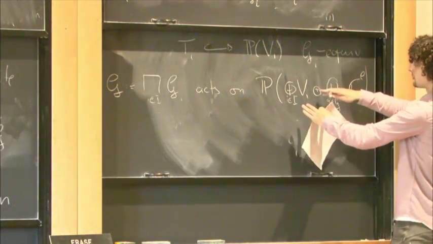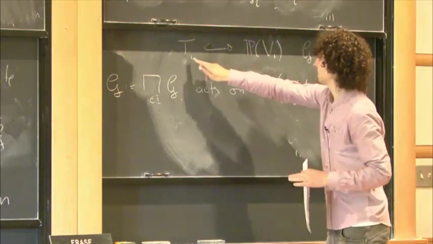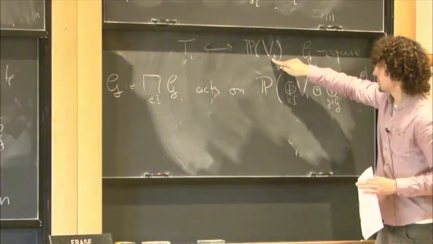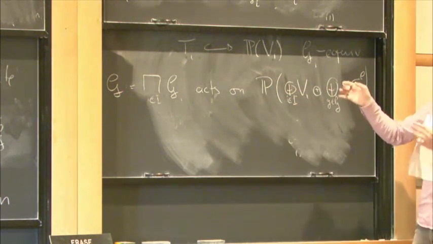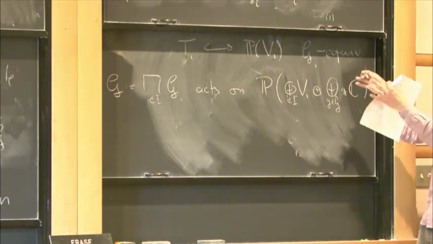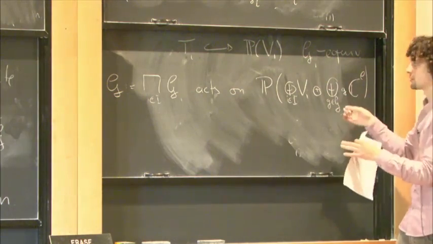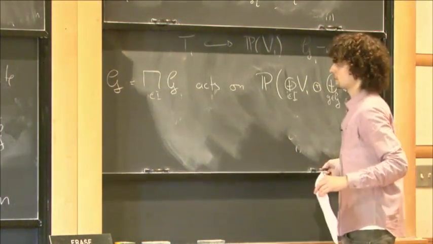And now the idea is that Ti lives in this projectivization, so it embeds into this large projective space, and they are all disjoint. And now we can blow up all of them simultaneously and get interesting cohomology, and this will be what we need.